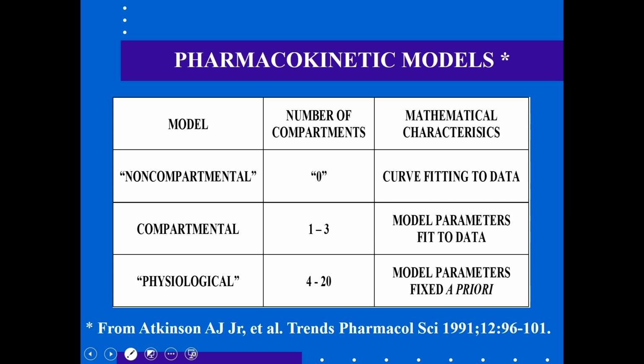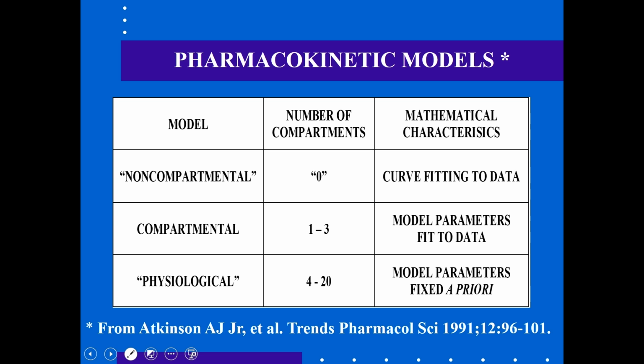What we'll focus on today is the second of these approaches, the compartmental analysis, where the parameters of a pharmacokinetic model are actually fit to the data. And usually these are fairly simple models with, say, 1 to 3 compartments, as opposed to the increasingly popular physiological models, which are much more extensive and actually represent a chemical engineering approach to the problem.